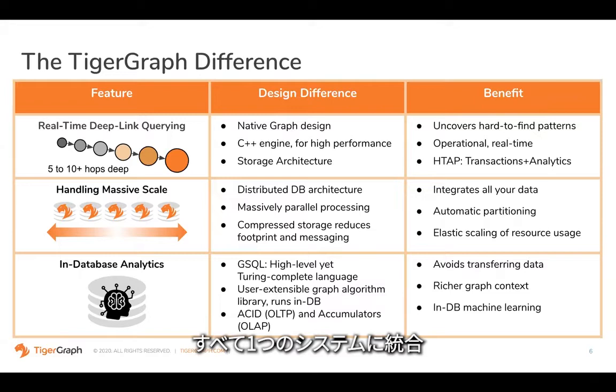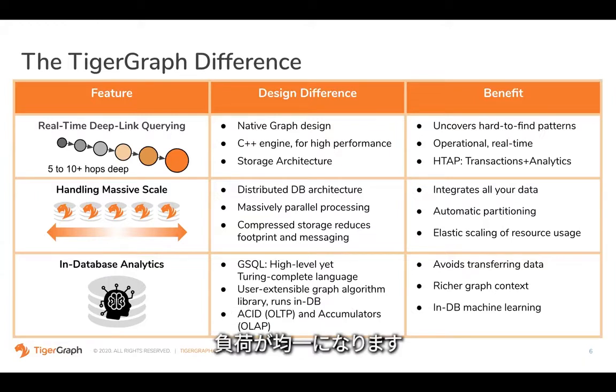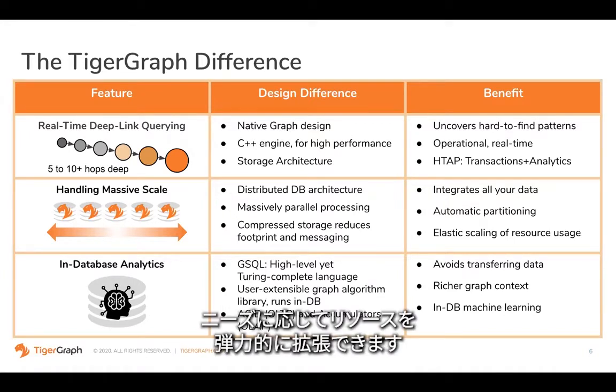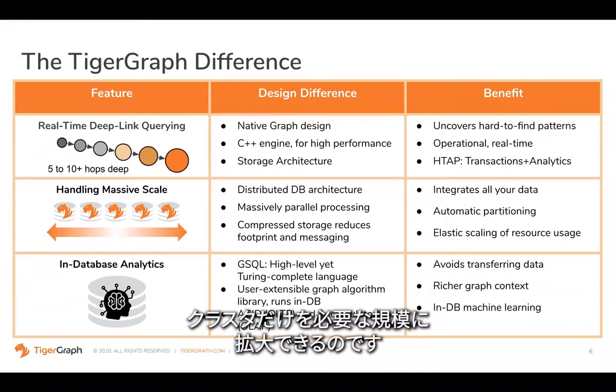We're able to integrate everything in one system. And we're able to partition the data so that the load is uniformly distributed across the cluster. Also, based on the MPP architecture principles, you can elastically scale resources based on what your needs are. So in a way, the benefit is to only grow the cluster to the scale that's needed.